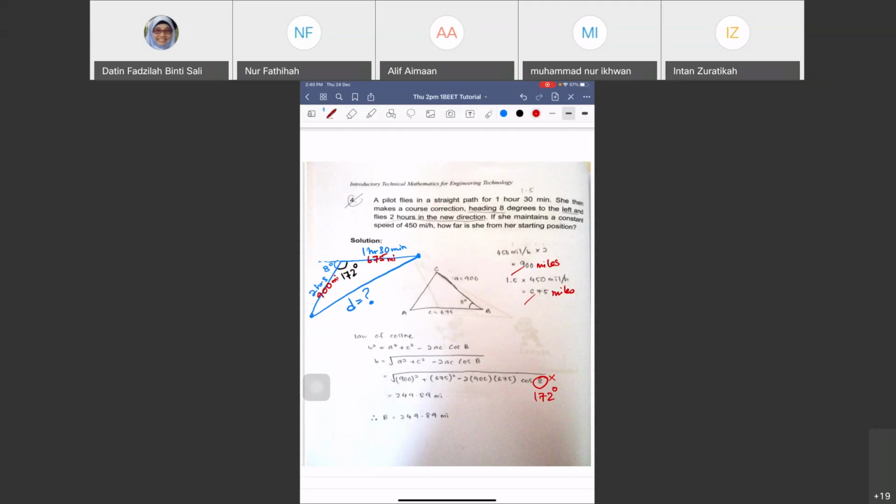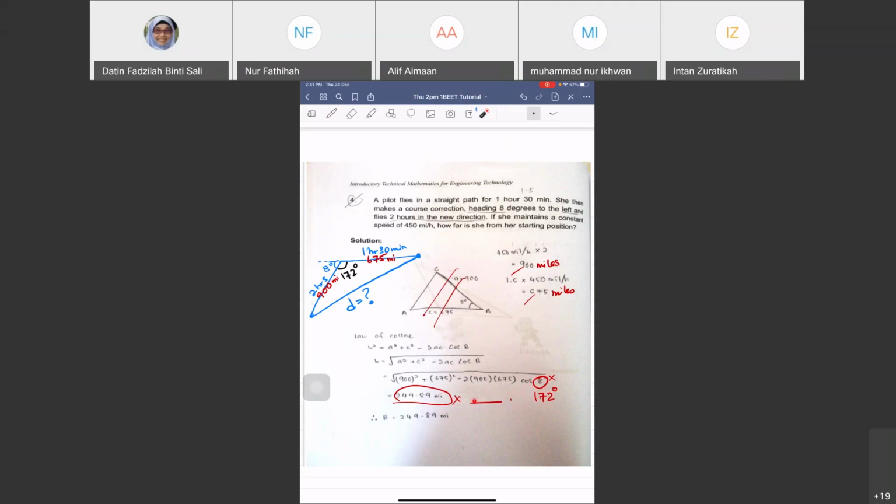So the rest of you just need to double check this. This is not the right answer, so you just need to compute it later on to get the right answer. This cosine is cosine 172 degrees. Anyone has computed this question?